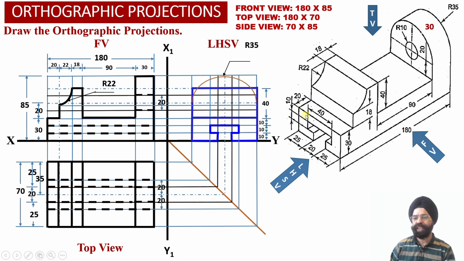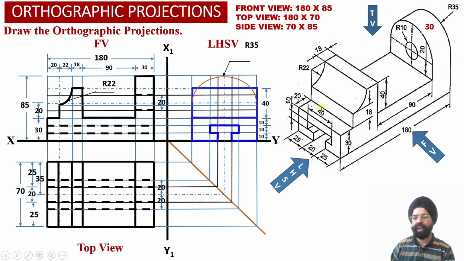And now corresponding to element number 1, we know that this is the top surface of the element number 1. So this rectangular surface will be projected as an edge view into the front view projections at a height of 30 millimeter from the ground.